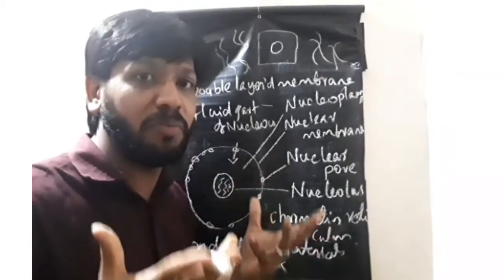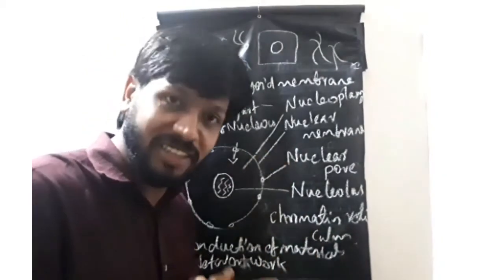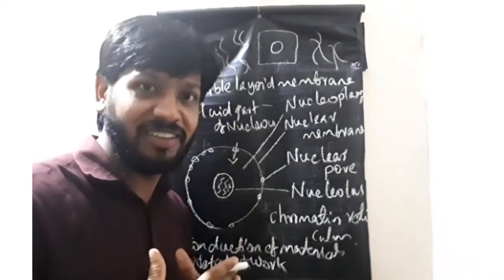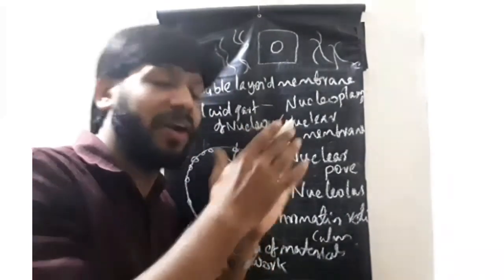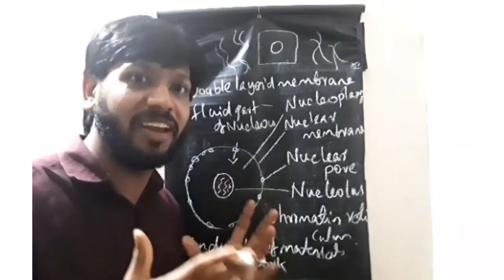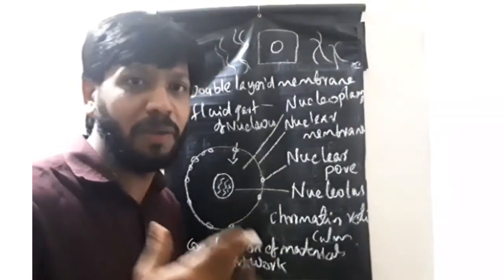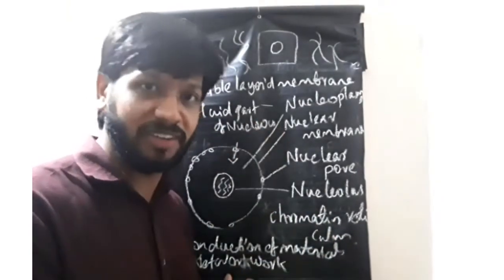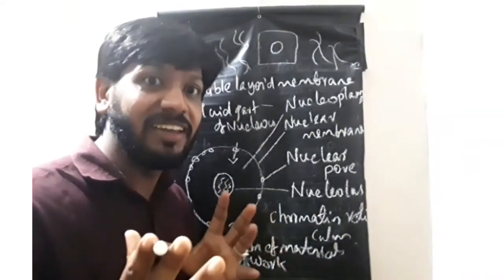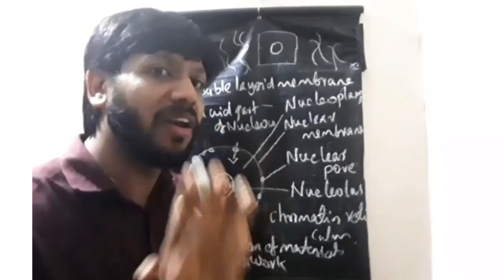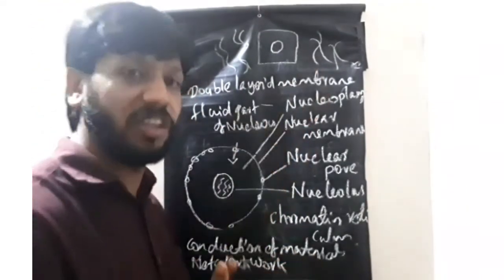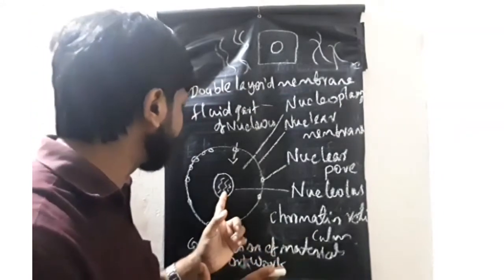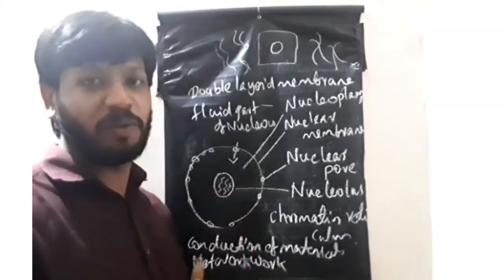Many features and characters we have are very similar to our parents, like your father or your mother. That is due to the presence of genes, which are present in the chromatin reticulum.